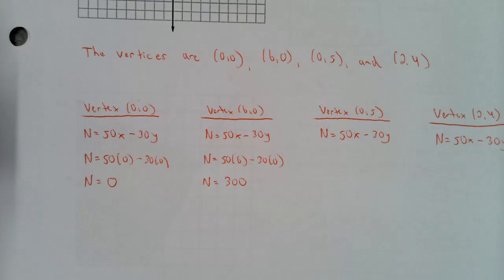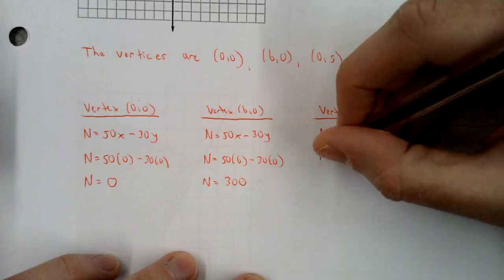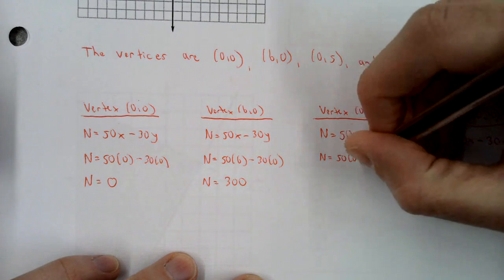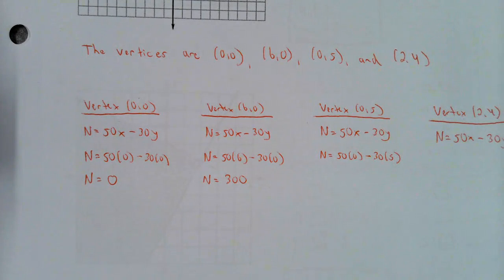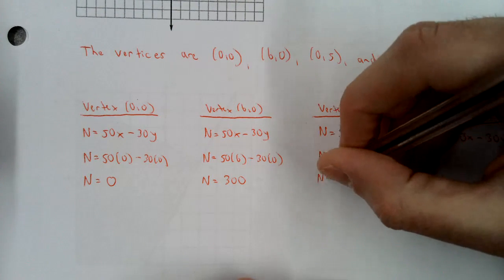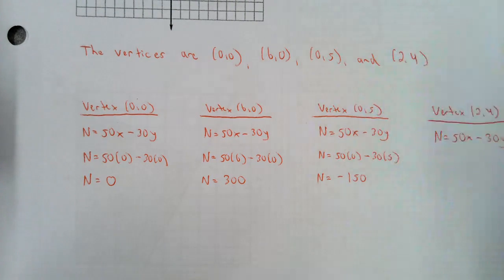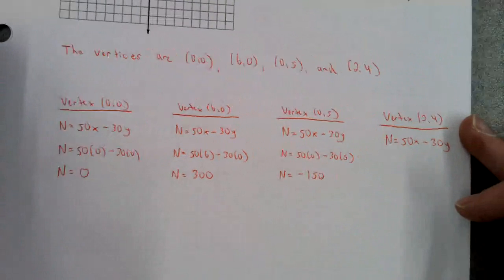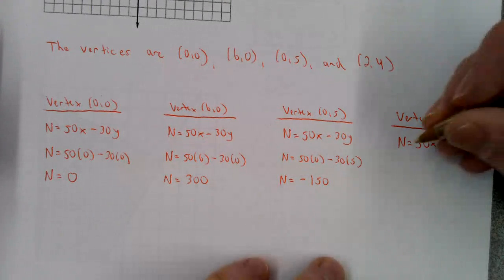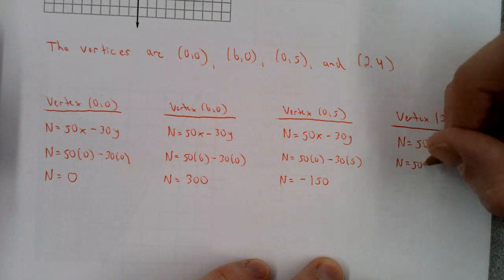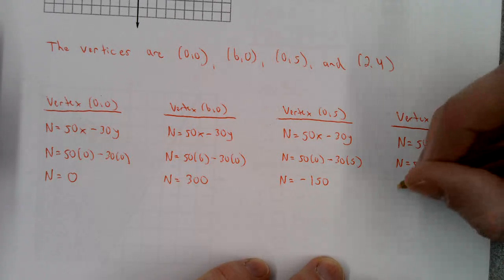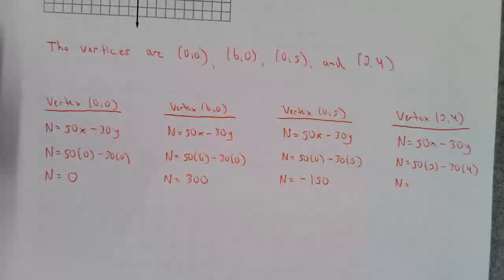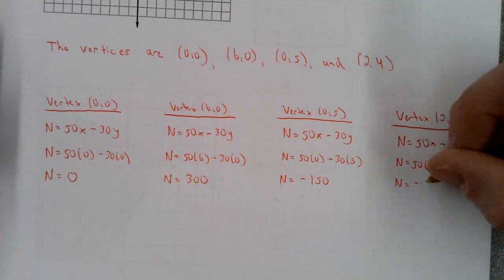The next vertex, 50 times 0, minus 30 times 5 is going to be negative 150. And the last vertex, 50 times 2, minus 30 times 4. That'll be 100 minus 120 will be negative 20.